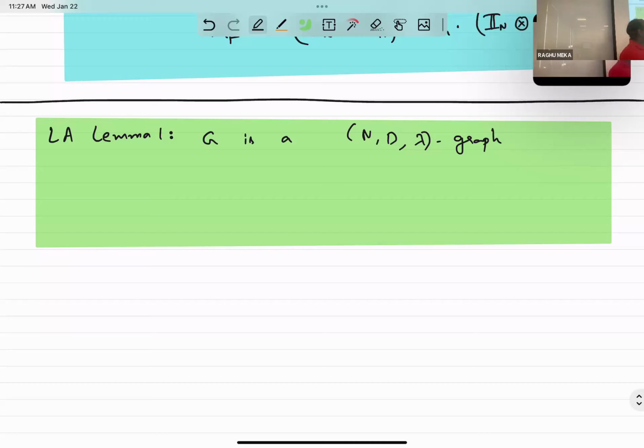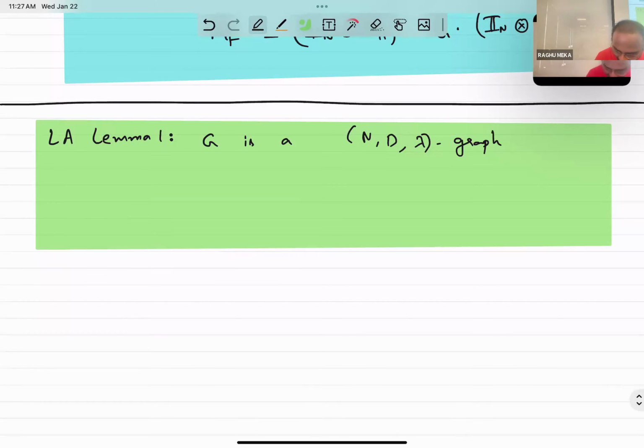Other than that, we usually cannot say much about the other eigenvectors. They can be all over the place. There's no structure in them. If I just know the degree, I might not be able to say anything about that. But I do know that the second largest eigenvalue is lambda. Okay, that's what we know. But it turns out that this already gives you something.